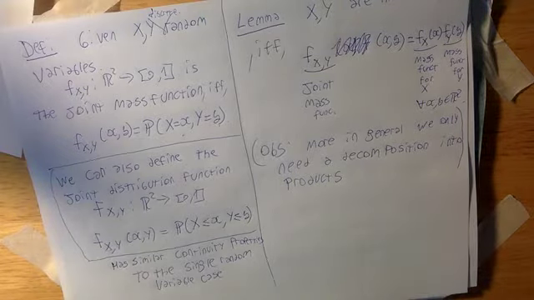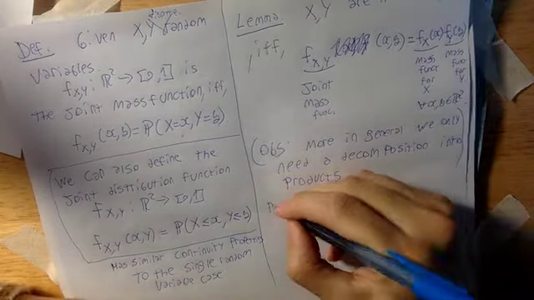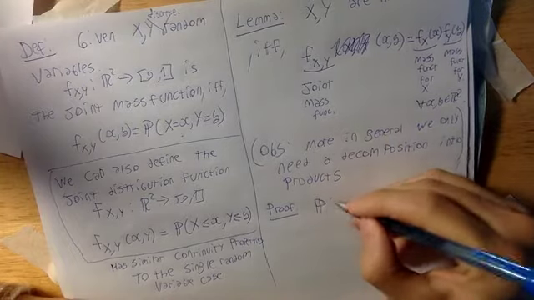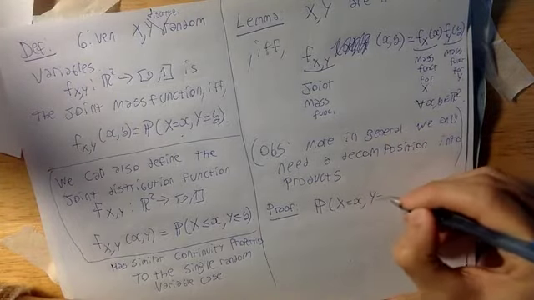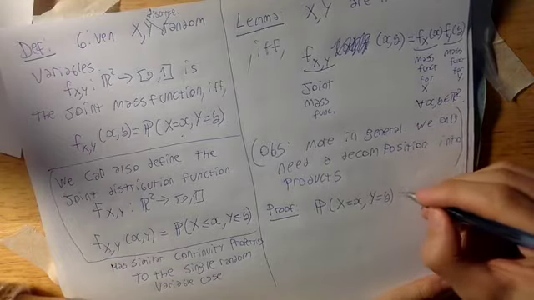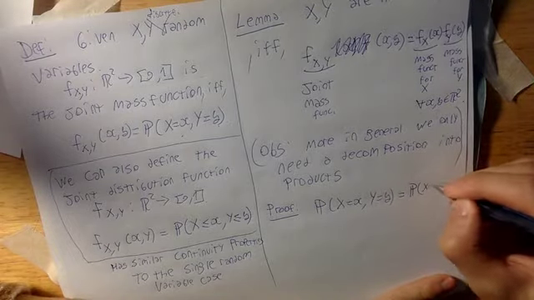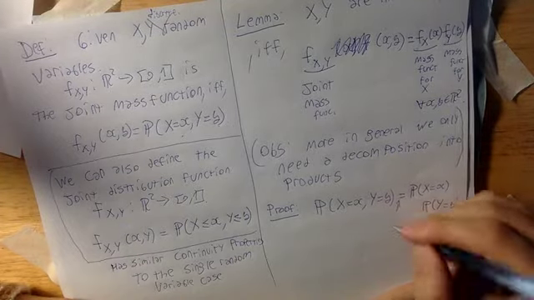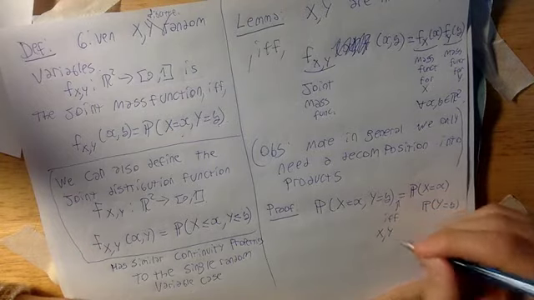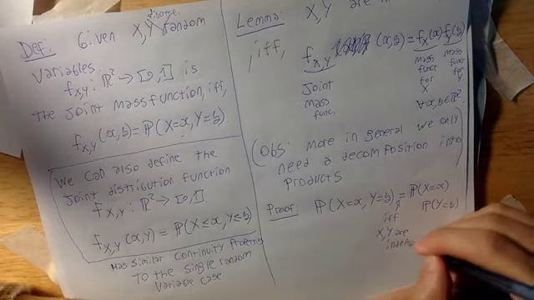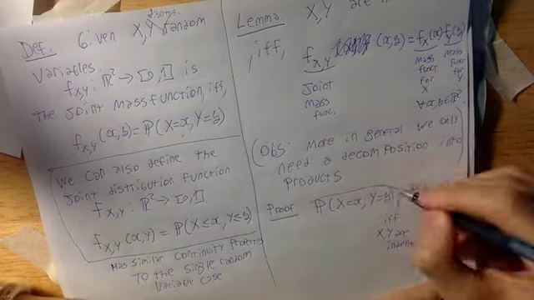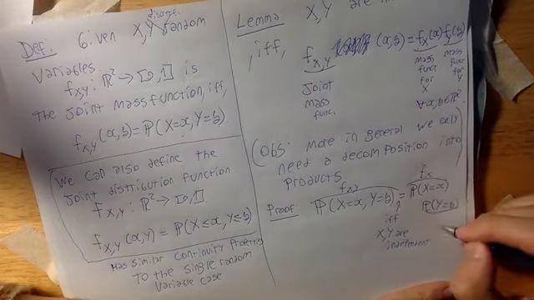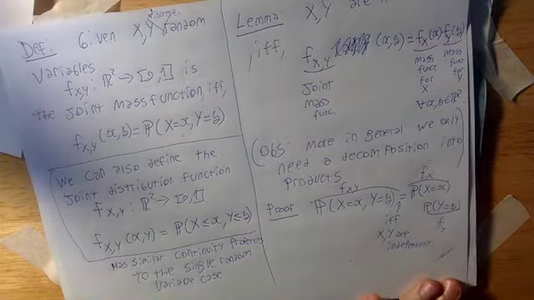I'm not going to do the proof of this, but it is similar to things that we have seen before. This is the probability that X is equal to x and capital Y is equal to y, equal to the probability of X equals x times the probability of Y equals y, if and only if X and Y are independent. This thing here is the joint mass function f of x, y, this is f of x, and this is f of y. And that's just an observation.